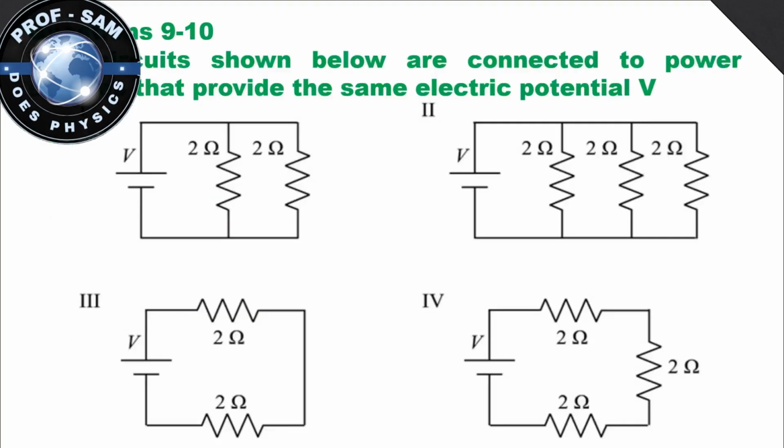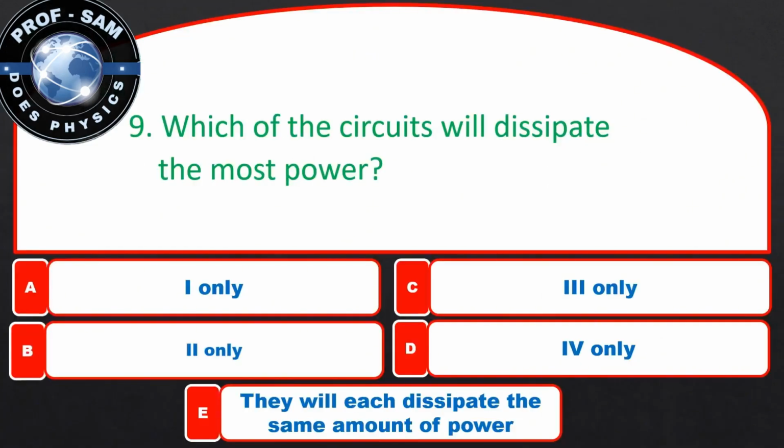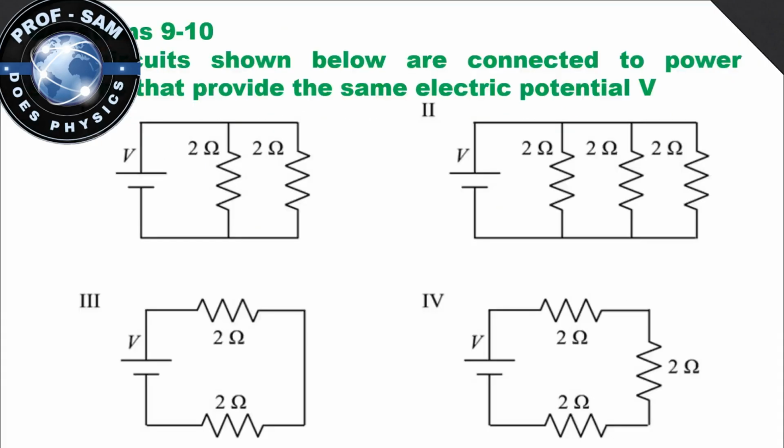Questions 9 to 10. The circuits shown below are connected to power sources that provide the same electric potential V. Question 9. Which of the circuits will dissipate the most power? Don't forget the keyword there, dissipates the most power.